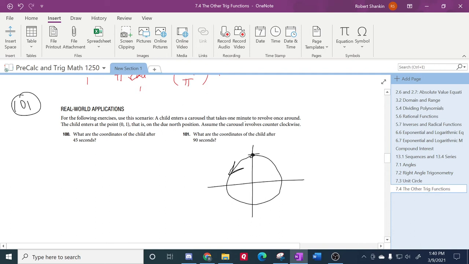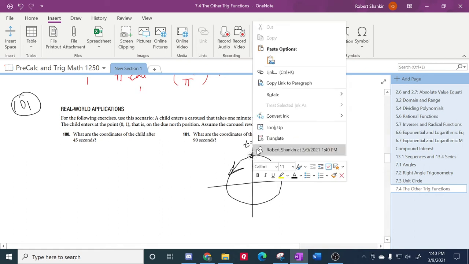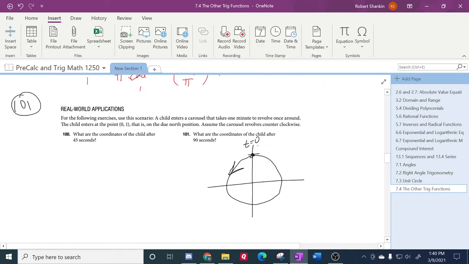Takes 1 minute. So at t equals 0, it's going to be right here. And it's also going to be right here at t equals 60 seconds, because in 1 minute, it's right back to where it started. And then, what are the coordinates of the child after 90 seconds?